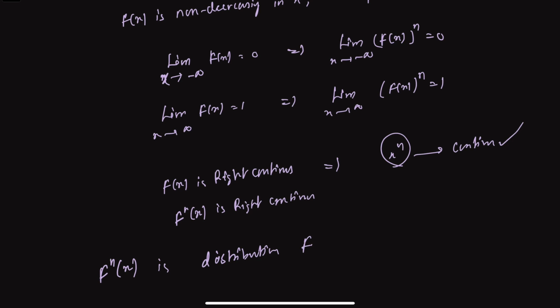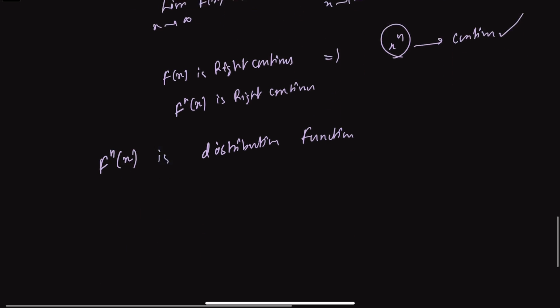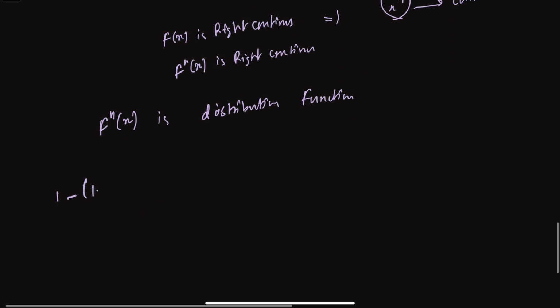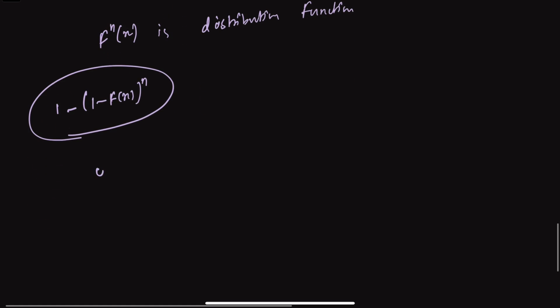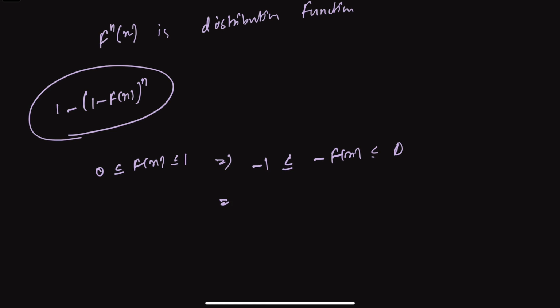Therefore, we can see that F of x whole to the power of n is a distribution function. In a similar way, let me consider (1 minus F of x) whole to the power of n. Since 0 is less than or equal to F of x, which is less than or equal to 1, minus F of x would be between minus 1 and 0. That means 0 is less than or equal to 1 minus F of x, which is less than or equal to 1.